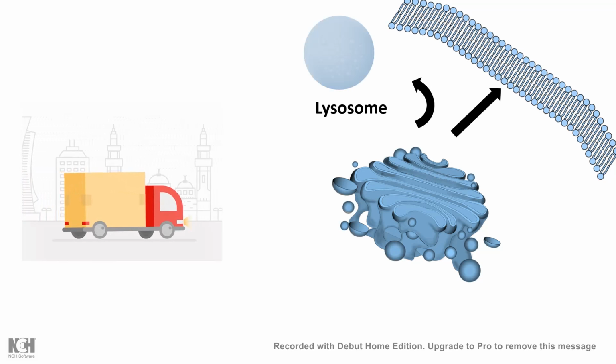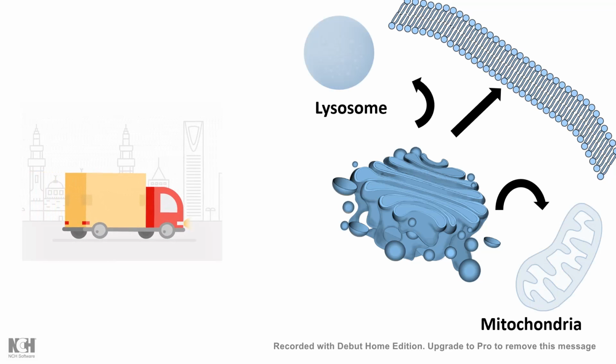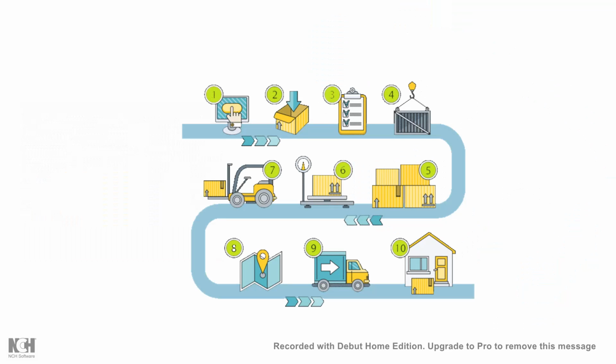Maybe some of the vesicles are going towards specific organelles like the lysosome. Some of them might go to mitochondria and different other locations inside the cell. Now, this process is well coordinated by several intermediate players.